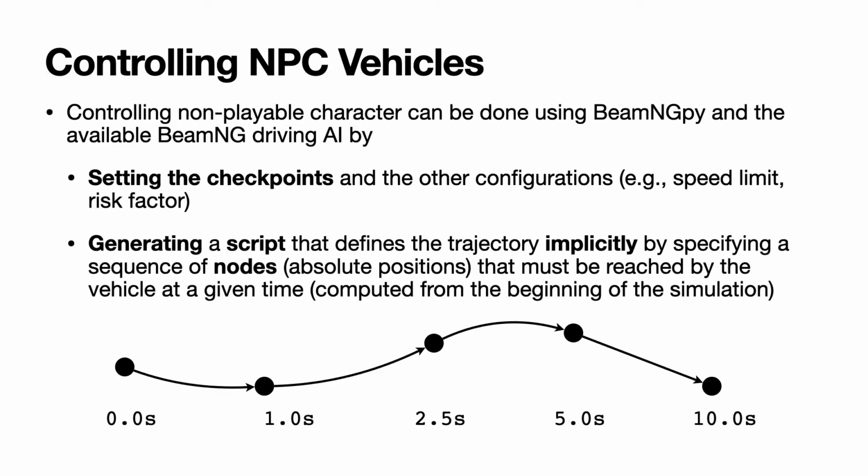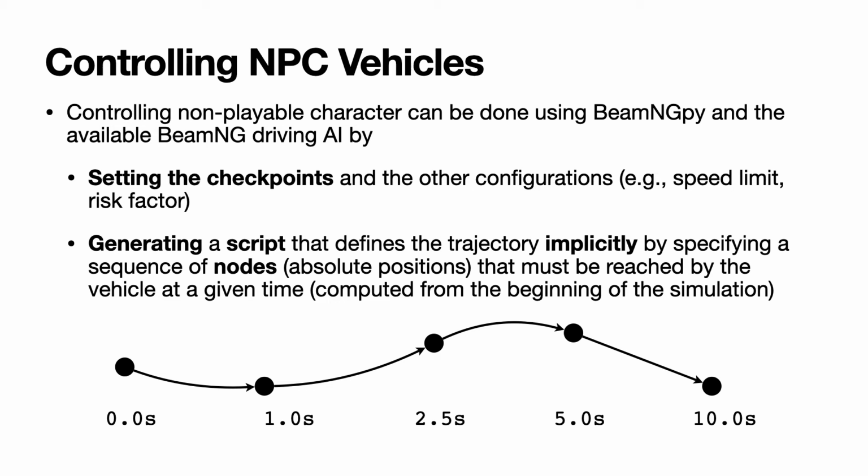The way to control this NPC vehicle is either by using a checkpoint or by generating a trajectory, one of those scripts. The checkpoint is exactly what we have decided before. You tell the car, drive to this location with this maximum speed, and the car will drive itself. So you can use this to make the other cars move on their own.